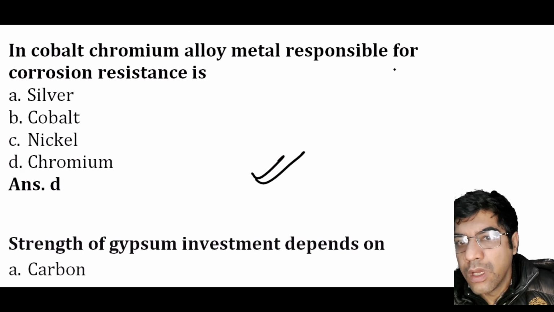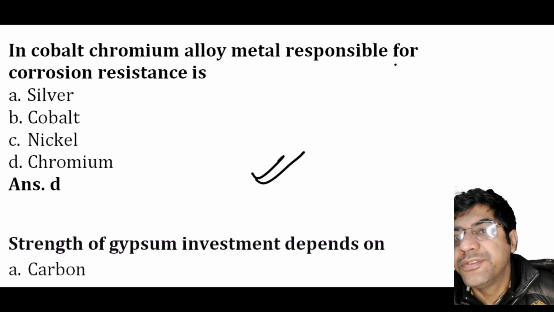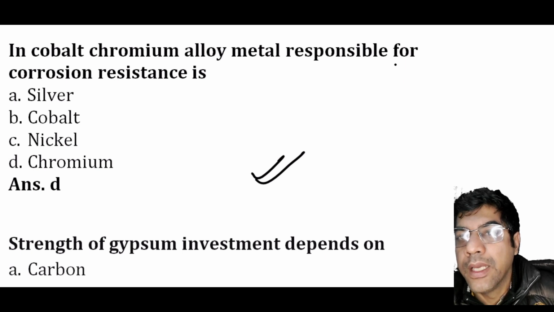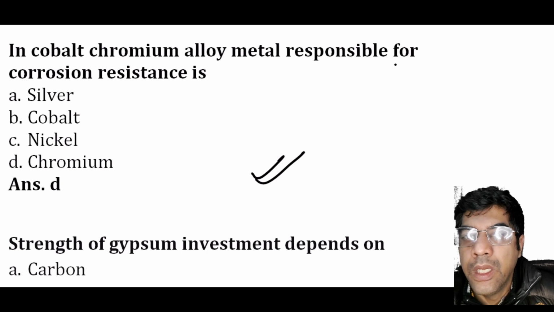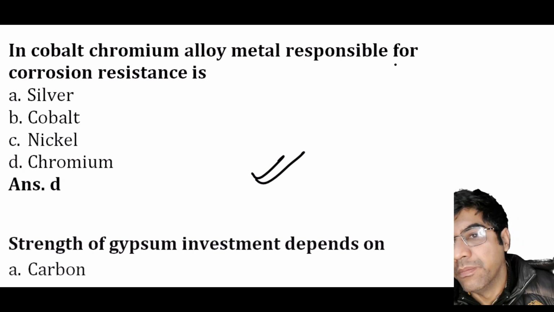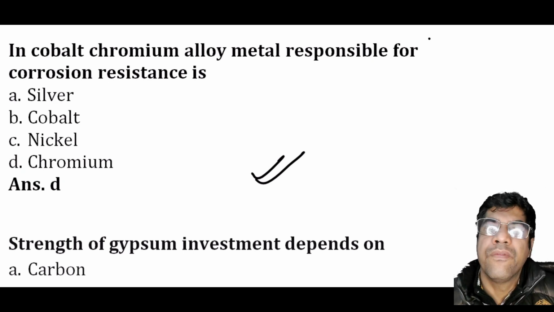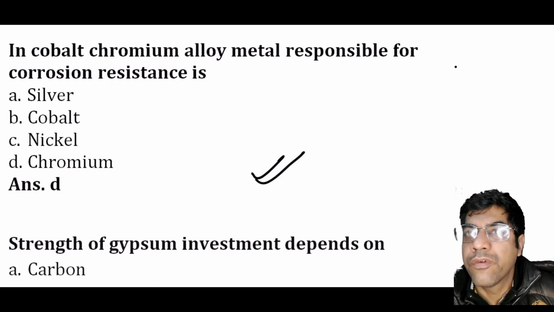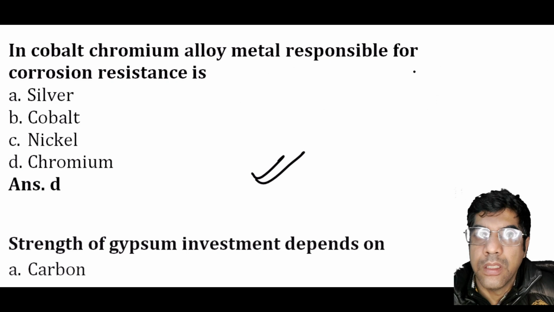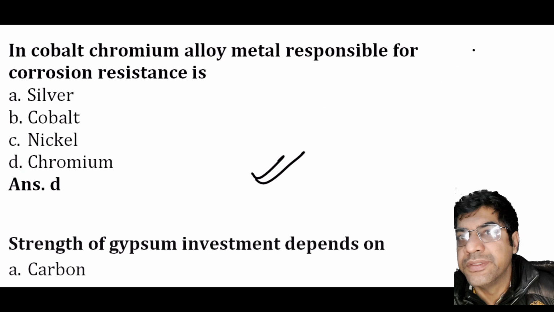Well, we know the resistance to corrosion can be achieved by making the metal component either too noble to react or by the ability of one or more metallic elements to form a protective surface film. So remember what is the role of chromium here? In this question, the metal that is responsible for providing corrosion resistance is the chromium.